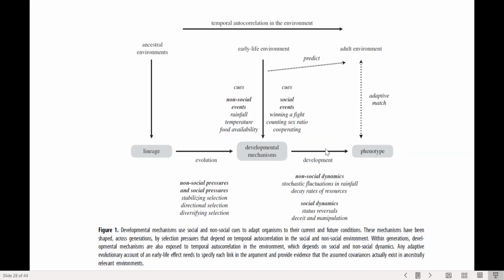Right? And so we have additional dynamics that need to be taken into consideration during that developmental period, which is connected to these environmental stability factors, including for animals, again, for example, the fluctuations in rainfall.